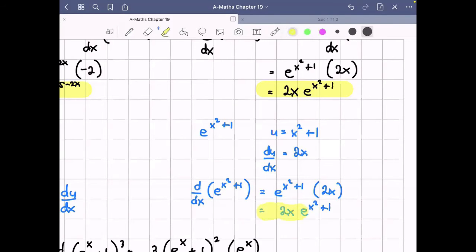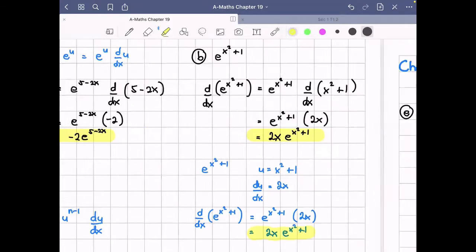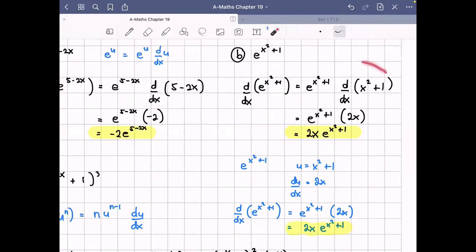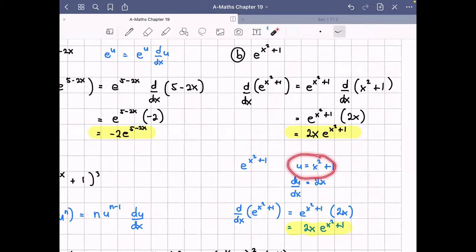So you have the same answer, of course. Again, there are two ways. You can use the first one, or on the second method, you can identify right away the value of your u, get the derivative of u right away, and then just plug it in at the end of the derivative.